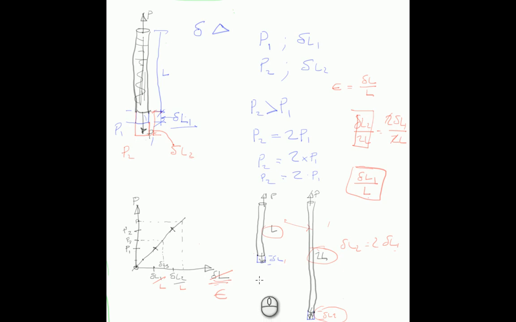Okay, so this equation, represented by this line on this new set of axes, where I'm plotting strain instead of change in length, is now correct for all samples, no matter what their original length is. Okay.